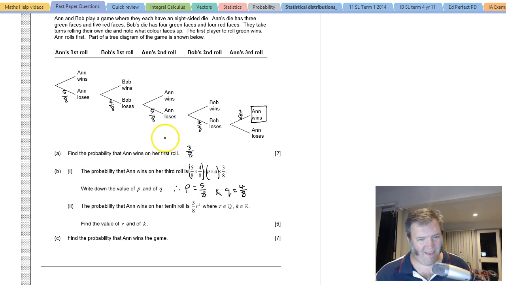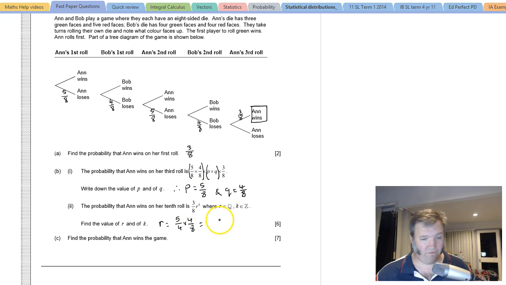So how many of those do we have? If she wins on her 10th roll, her 10th roll has a probability of 3/8, and then we're going to have 9 sets of losses before that. So we're going to have the probability of 5/16 nine times. So r equals, and we better show our working, 5/8 by 4/8, and maybe showing it up there is enough, but you just want to make sure of it.